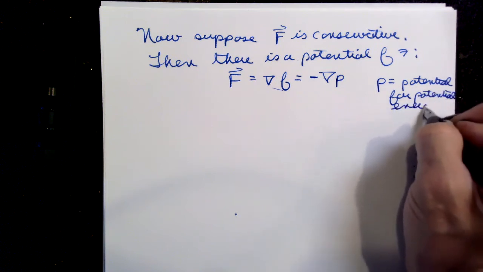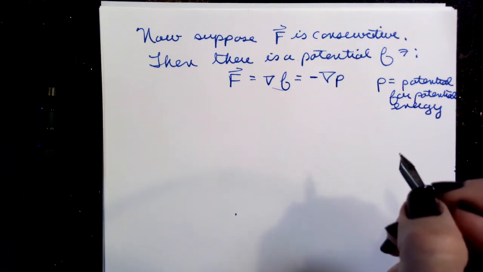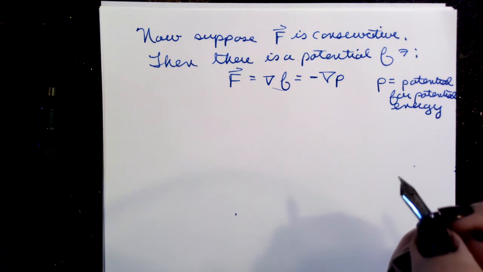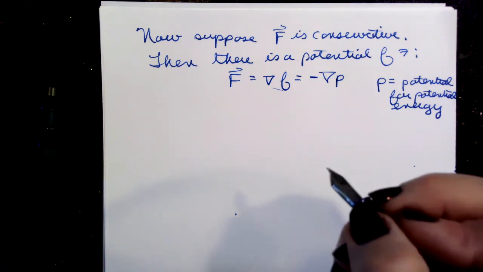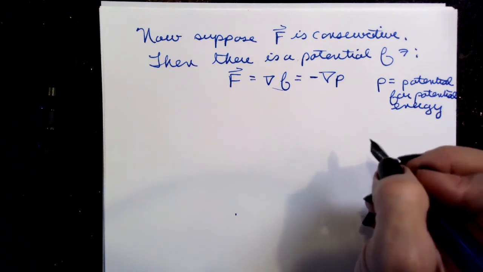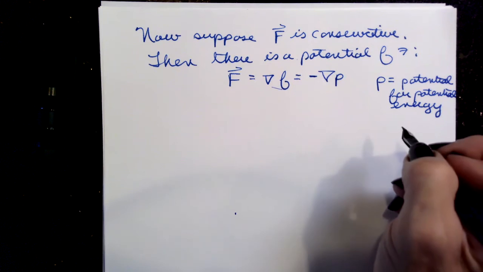In fact, that's where the word potential comes from. So we say the gradient of f is capital F and we call little f the potential. They would say minus the gradient of P is what you get for a conservative function, and then call P the potential.